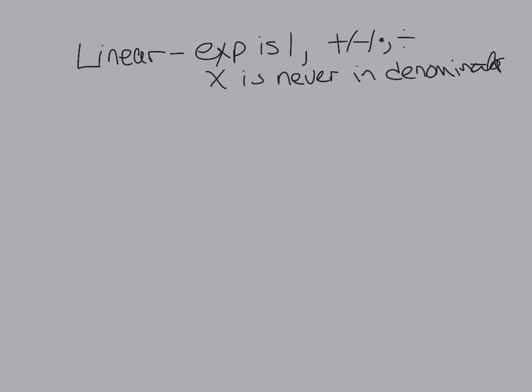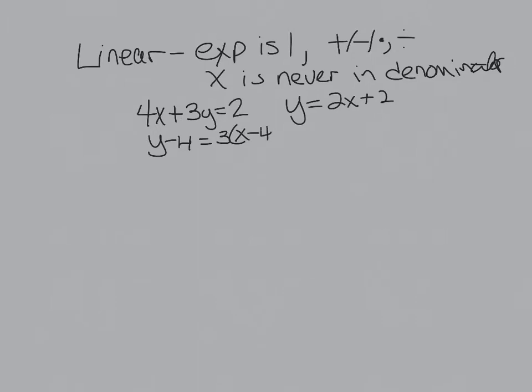So you could have linear equations looking different ways, like standard form of a linear equation might look like this. Slope-intercept form might look like this. You might have point-slope form, which is like this. And you might have a horizontal line, which is like that, or a vertical line, which looks like that.